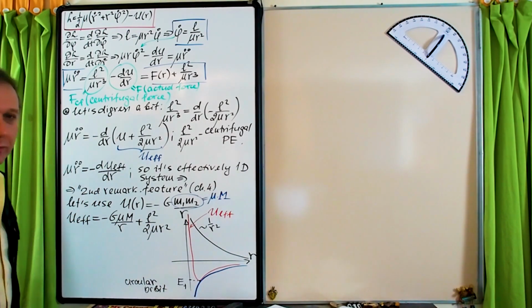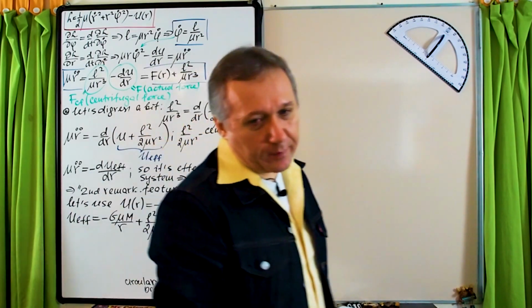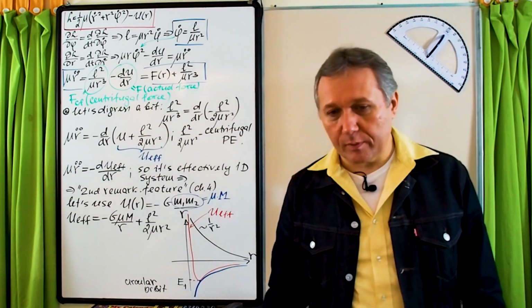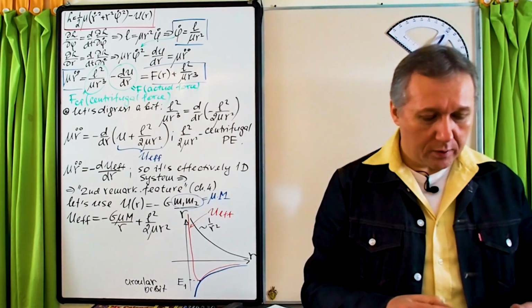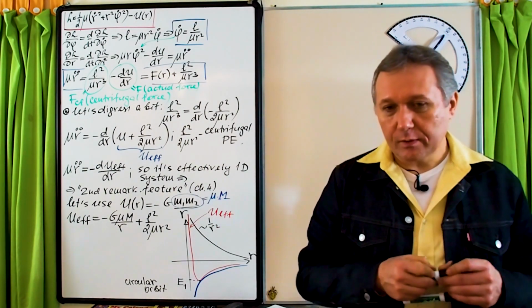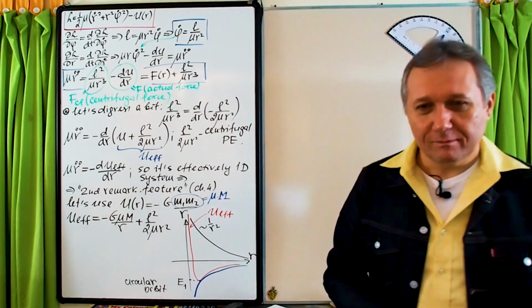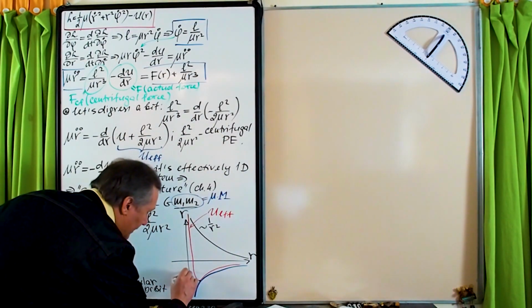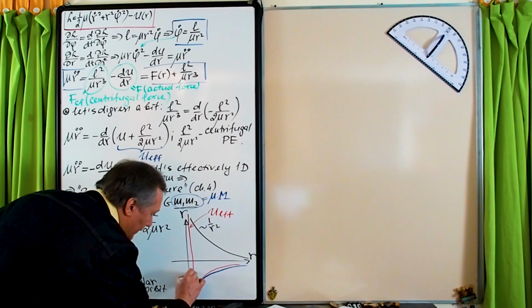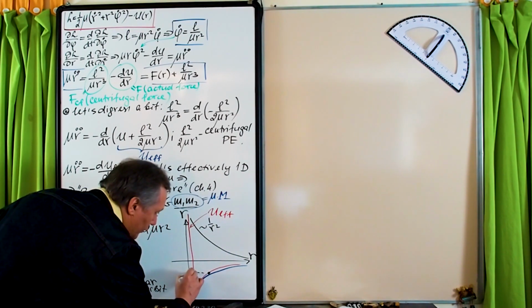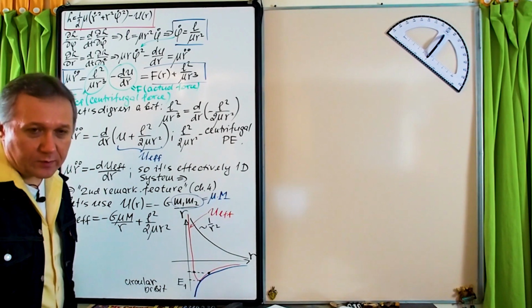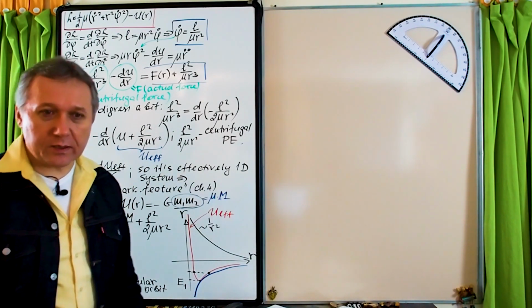So basically, without spending too much time solving the problem, you can get information about orbits conceptually. If you provide this amount of total mechanical energy, you will have two turning points, R minimum and R maximum. It's an elliptical orbit.